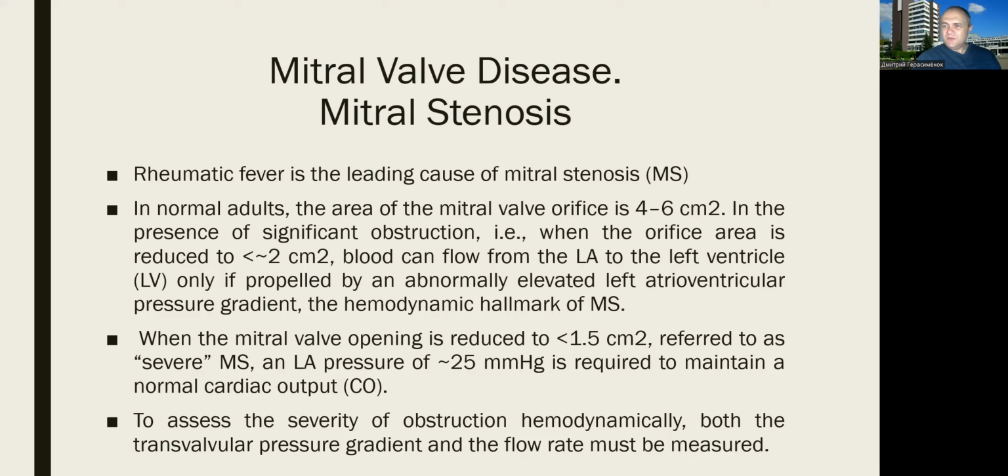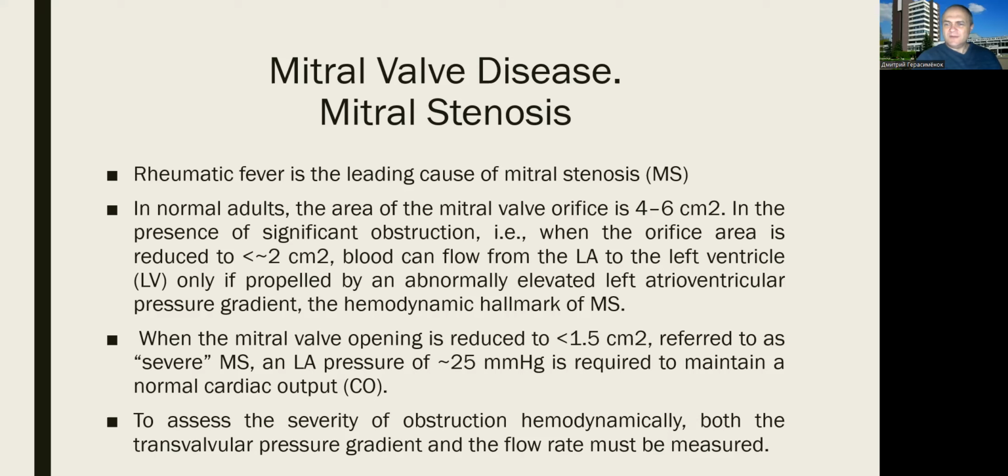Blood can flow from the left atrium to the left ventricle only if propelled by an abnormally elevated left atrioventricular pressure gradient, the hemodynamic hallmark of mitral stenosis.